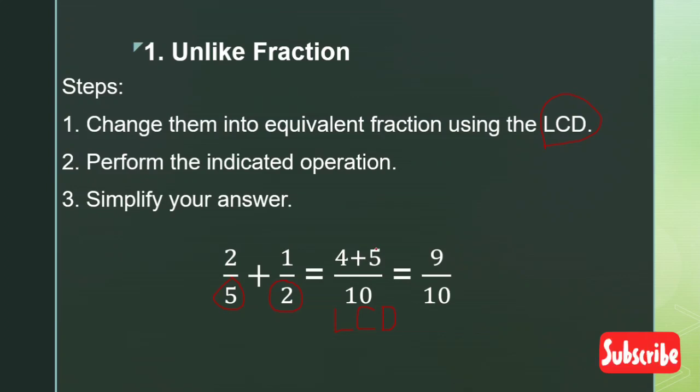Ayun. Now, since meron tayong parehong denominator, just copy and then add your numerator. 4 plus 5 is equals to 9. So, ito yung ating sagot: 9/10. And again, third step, simplify your answer kapag possible. Pero kapag gaya neto, hindi naman na. So, huwag po natin simplify.